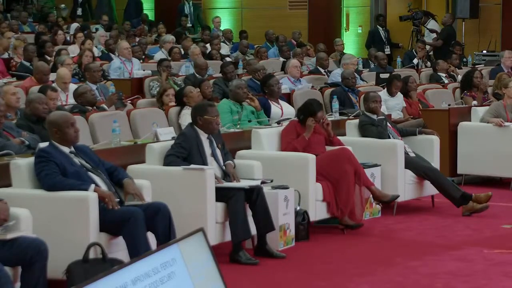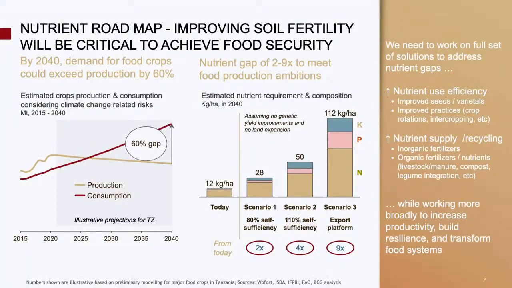By 2040, if you want to be at 110% self-sufficiency, which means you're basically servicing the Kenya market and the Rwanda market as you are today, under the current market structure on these major grains, you'll need 50 kgs of nutrients, right? So really understanding what good looks like. We set the Malabo target in 2006 at 50 kgs.